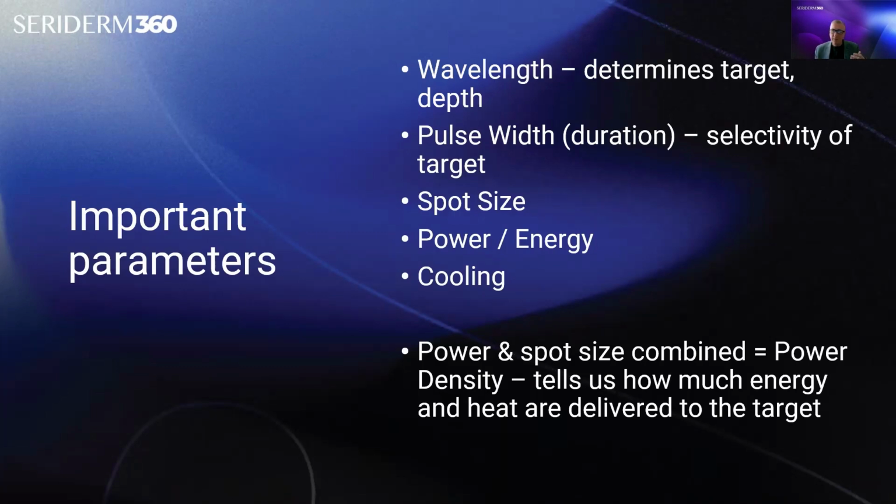Then we've got to make sure we have the correct spot size, because spot size also has an impact on depth of penetration. Then we've got to make sure we have sufficient energy to get us to temperature. And we've got to make sure we get the cooling right, so that's making sure we get the right amount of pre-cooling and the right amount of post-cooling. We've got a mini episode where we'll be looking at cooling and the effects of cooling and different ways to cool.